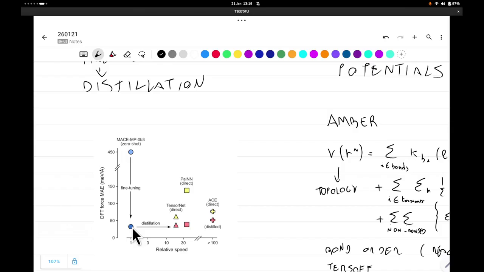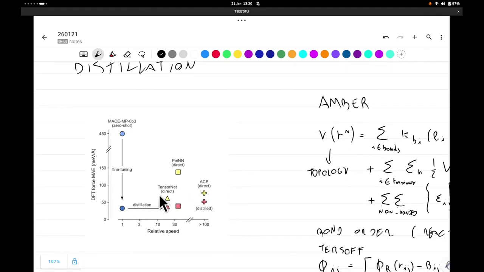But now I train a much simpler model on top, using this model for producing data, right? Instead of using the reference model, DFT, that would be much more intensive, I use this model that I have fine-tuned in order to produce data to train a simpler model. For example, ACE with very few, so very small basis set.